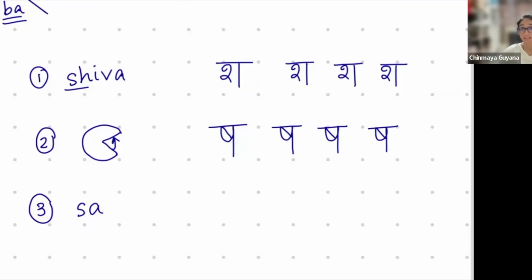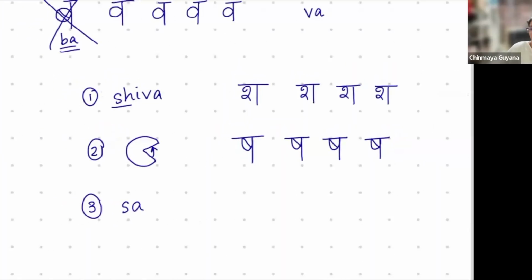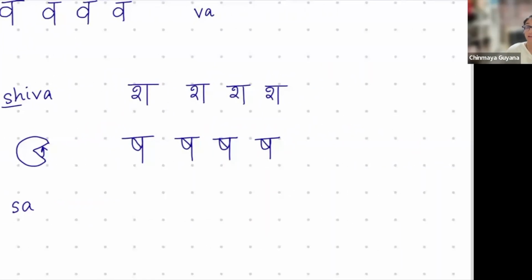So there's sha, then there's sha. The first sha is easy. It's the sh in Shiva. But when you come to this sha, it is the sh in Vishnu.